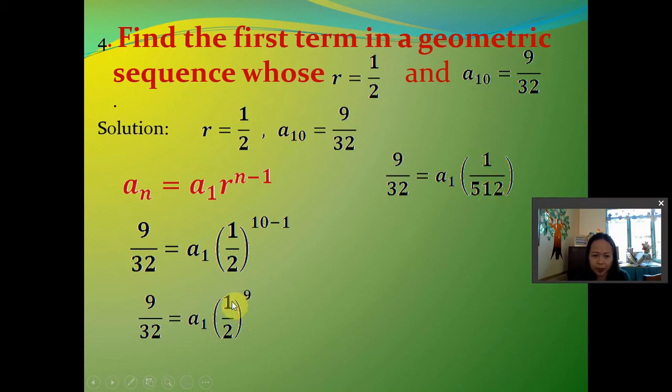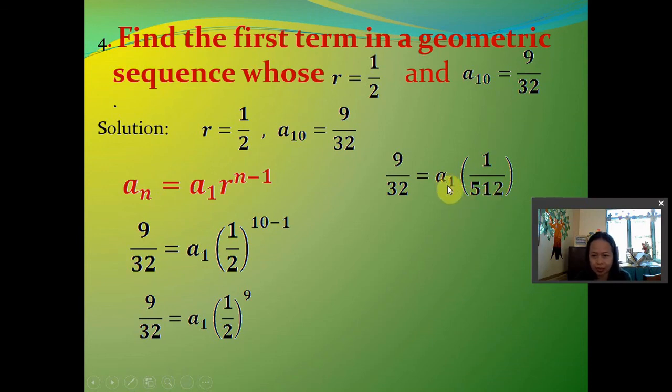That is simply multiplying 1/2 nine times. 1 raised to the power of 9, or 1 times 1 times 1, is also 1. And then 2 raised to the power of 9: 2 multiplied 9 times, 2 times 2 times 2 times 2, nine times, and that is 512. So therefore, 1/2 raised to the power of 9 is equal to 1 over 512.